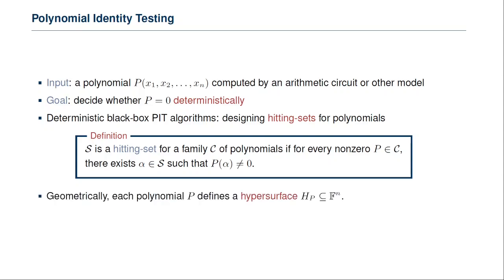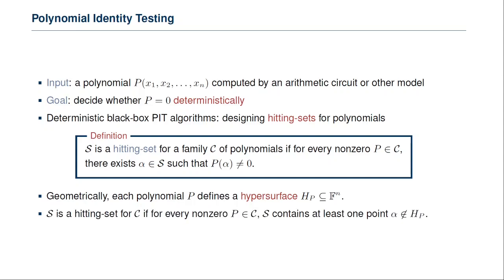So this is the definition, and we can also look at the hitting set property in a geometrical way, namely for each non-zero polynomial P, there is a corresponding hypersurface of the n-dimensional vector space F to the n, and this hypersurface is simply the set of all the roots of the polynomial P. And then S is a hitting set for family C of polynomials if and only if for every non-zero polynomial P, the set S contains at least one point that is not in the corresponding hypersurface HP.